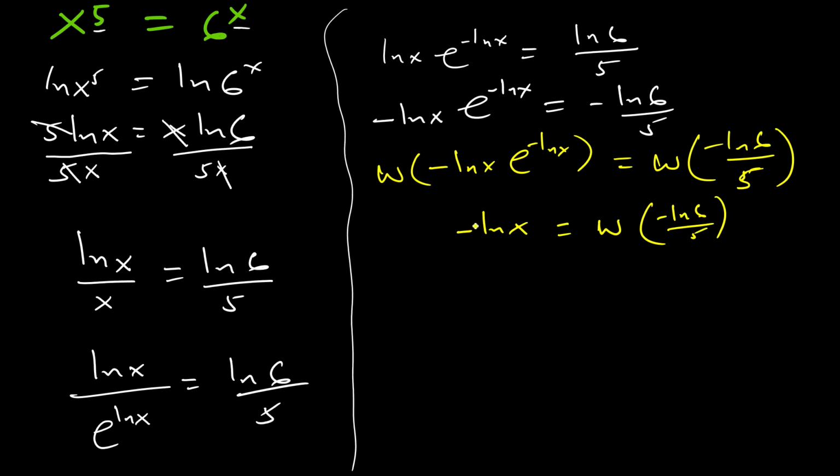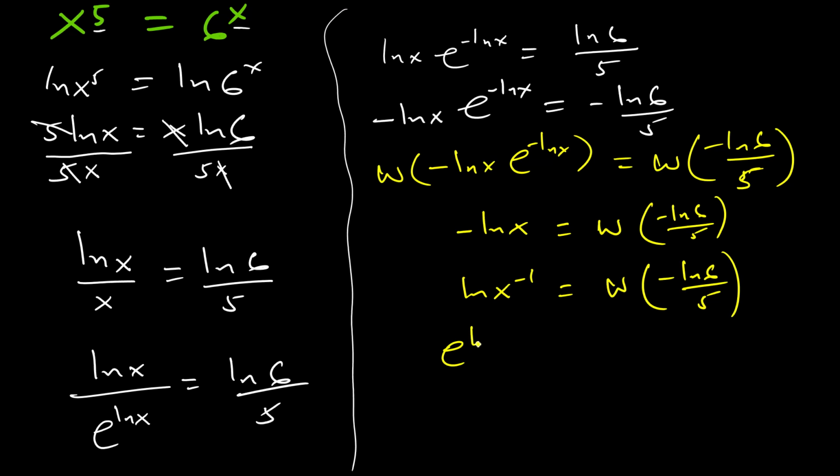Remember this one is a power with -1, so it's the same as ln of x raised to -1 equals Lambert W of minus ln of 6 over 5. Alright, so how do we cancel this ln here? Now when we raise this one with e, it will go away. So let's raise both sides with e.